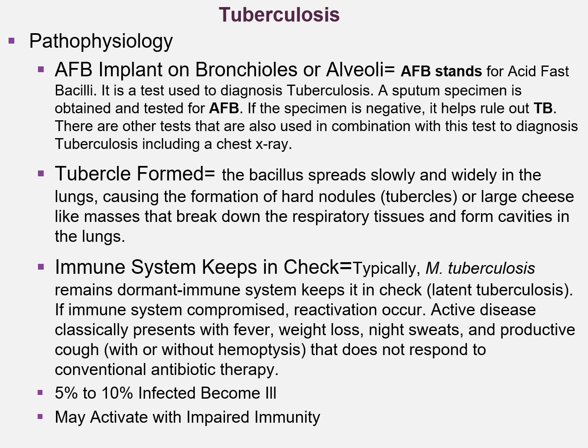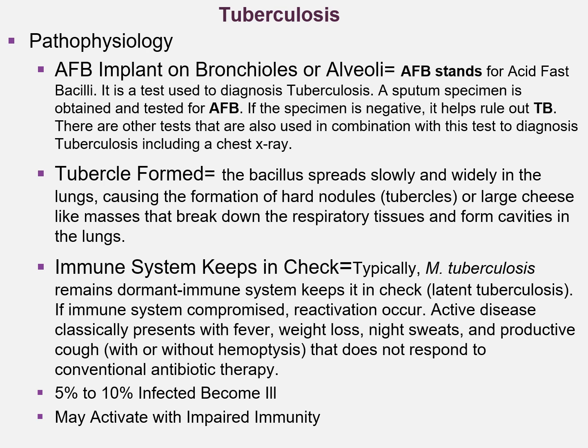But when the immune system becomes compromised, like the patient gets an infection or something else happens to compromise that immune system, then the active disease will come awake and present itself with fever, weight loss, night sweats, a productive cough that may be with or without hemoptysis, and it won't respond to conventional antibiotic therapy.